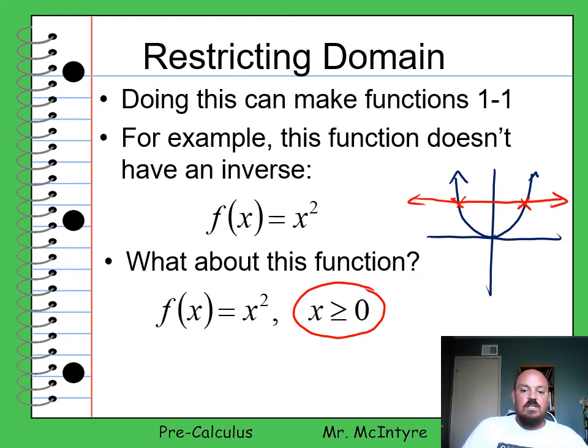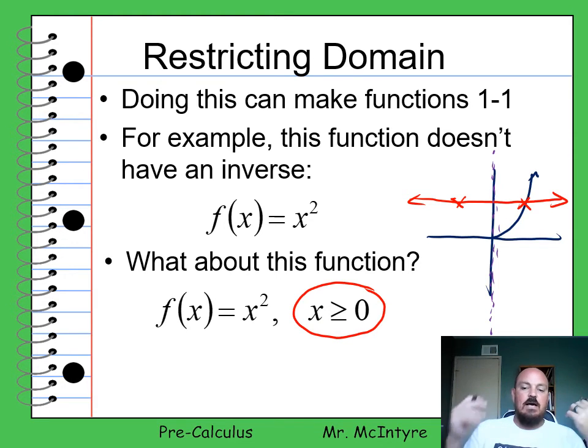I said I'm only using x is greater than or equal to 0. Well, that means I'm only using numbers to the right of that dotted purple line right there. What it means is I'm getting rid of that whole part of the graph. Now all of a sudden it is one-to-one, and it does have an inverse.